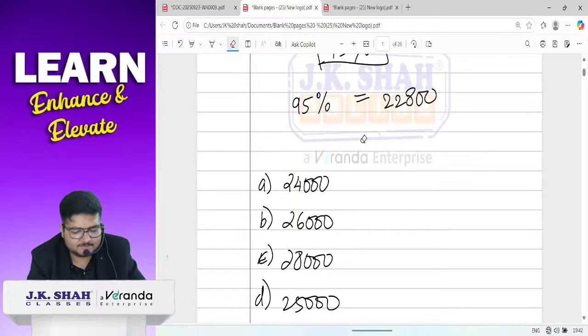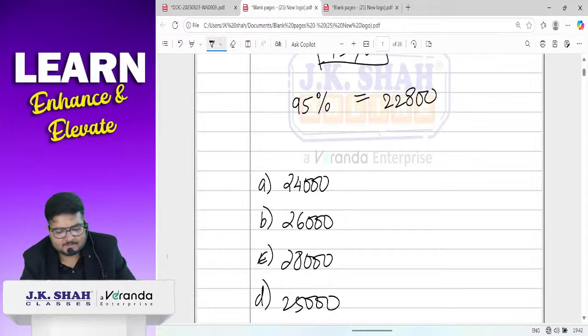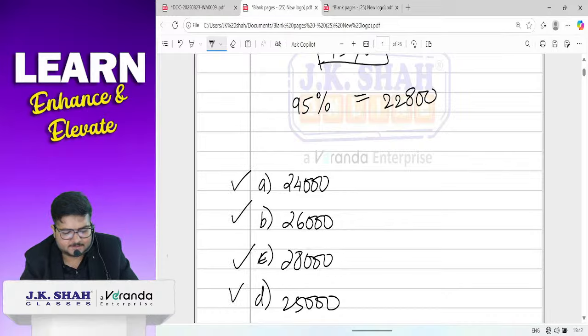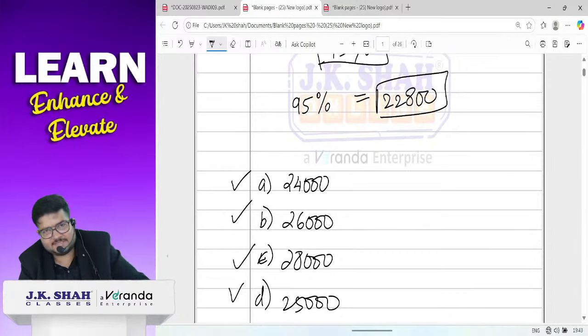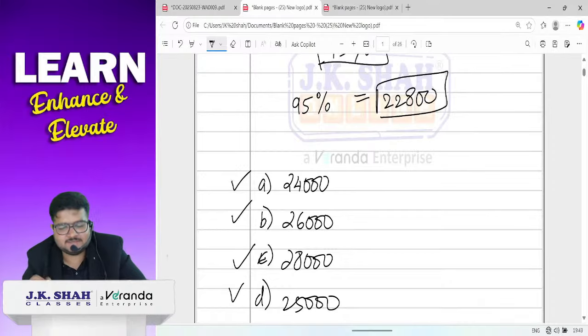That means I will find out 95% of all the options. Whenever I get 22,800, that is my answer. I will find 95% of all the possible principals. When I get 22,800, that will be my answer.